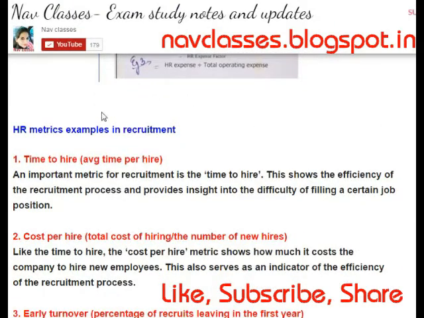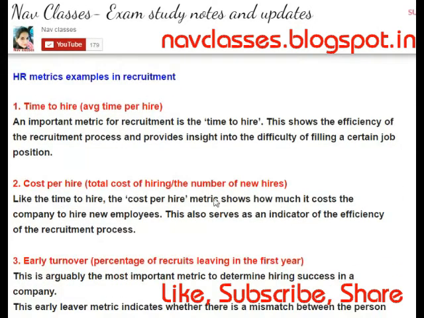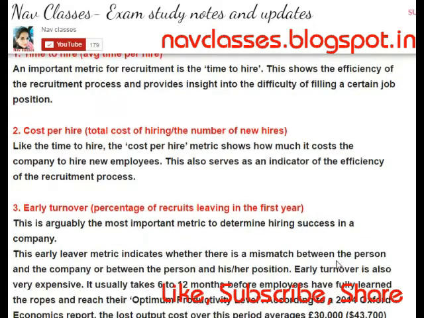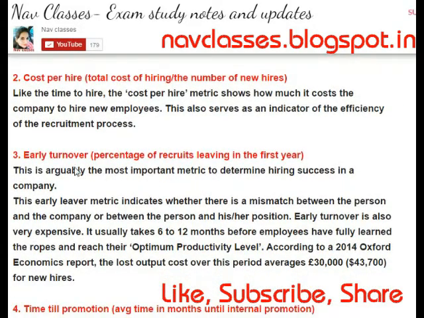Then there are certain more examples related to recruitment only. Time to hire: how much time it took to hire employees. So it is very important. And then there is cost per hire, total cost of hiring divided by number of employees, which we already discussed. Then there is early turnover: why people are leaving our organization, the percentage of recruits leaving in the first year.